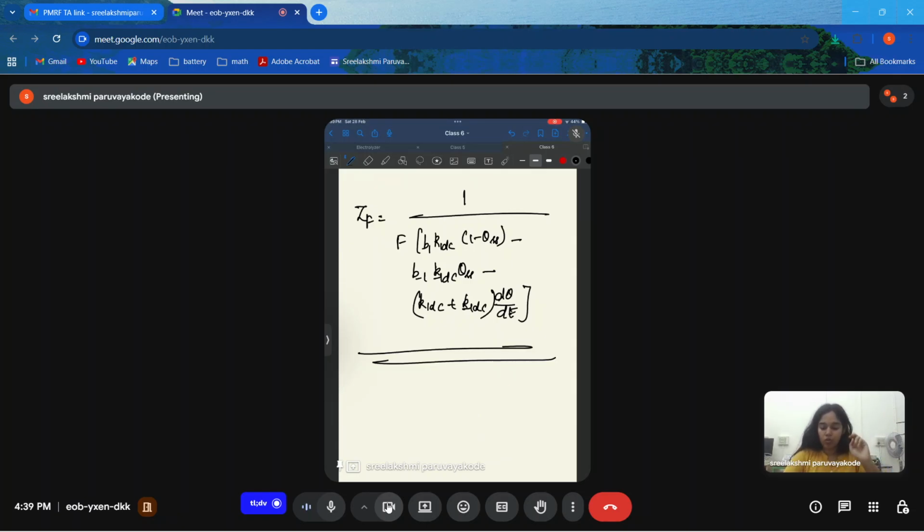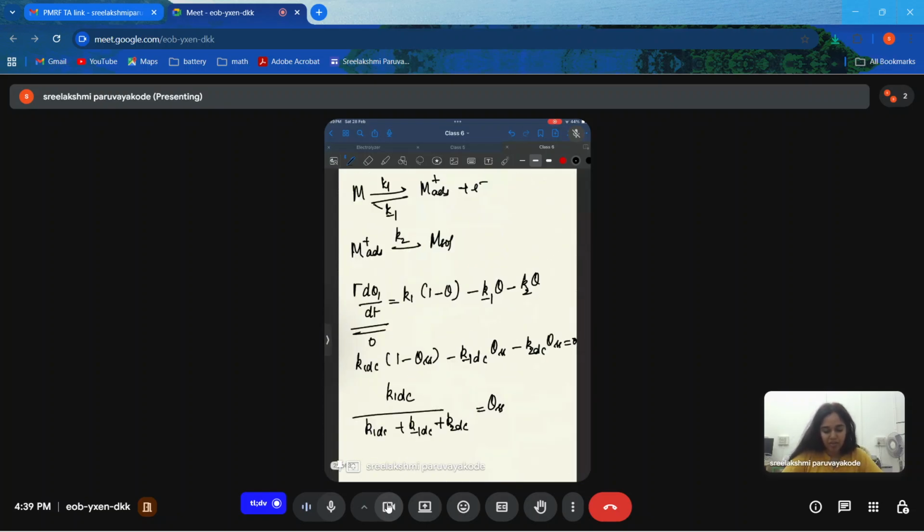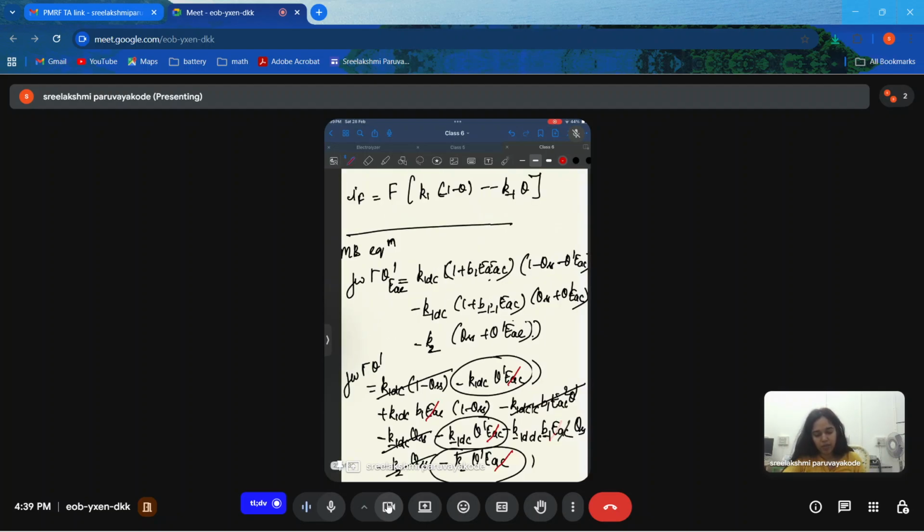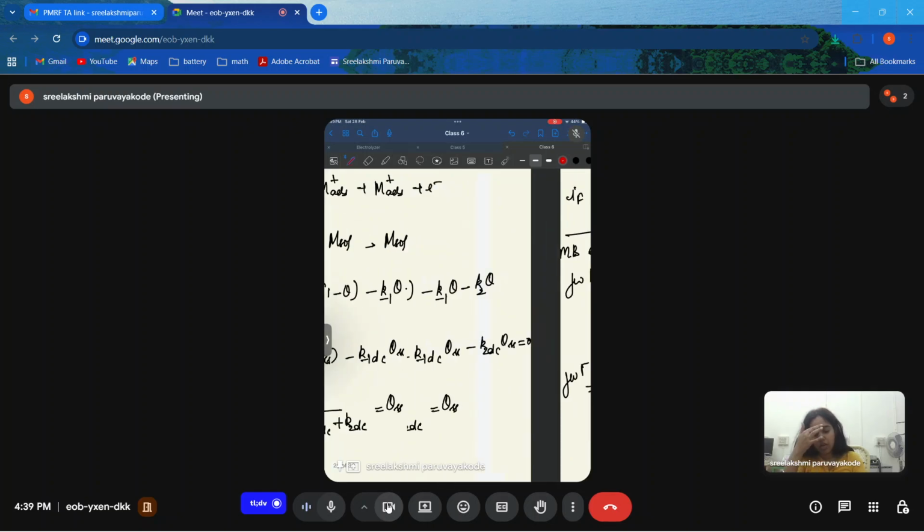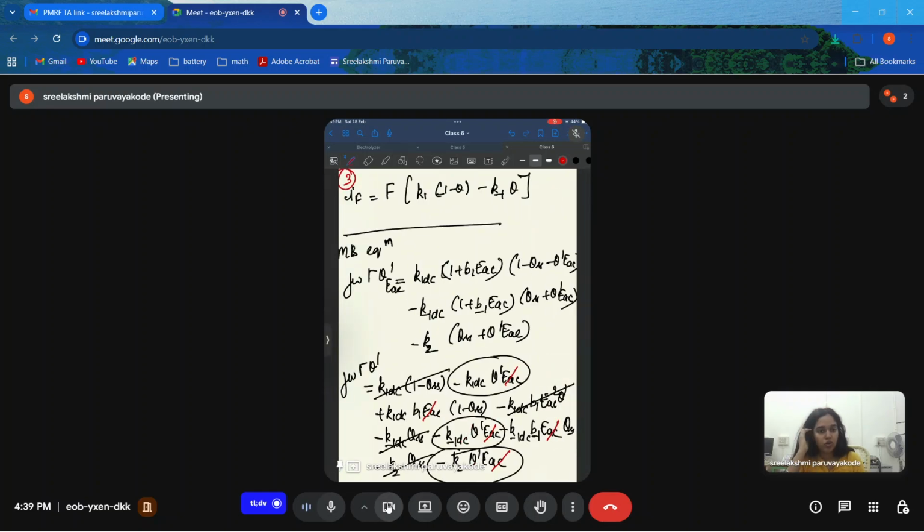Okay, so this is for today's assignment. I think it is easy. It's just step by step. First you write the material balance equation, that is gamma equal to. Then find out the steady state. Next, find out the current. It accounts only for the electrochemical step.